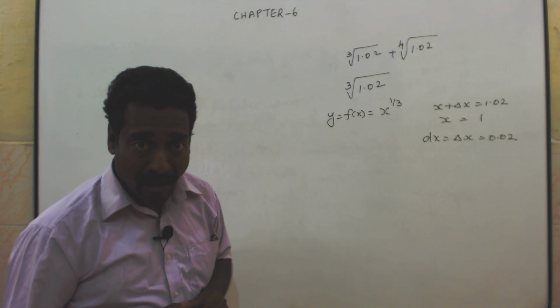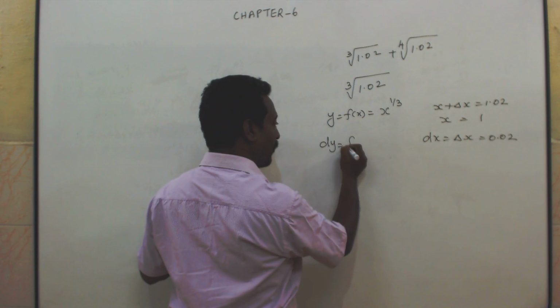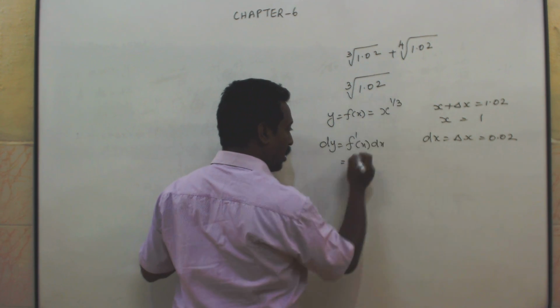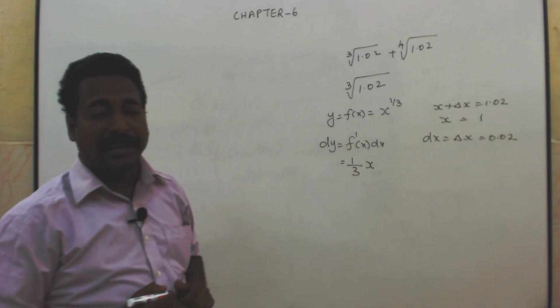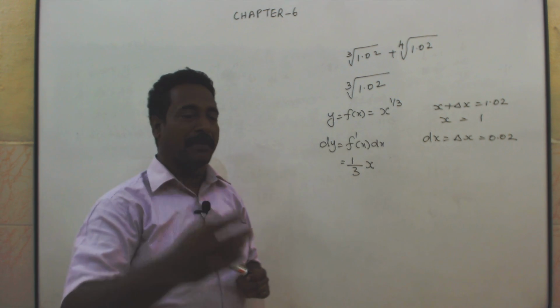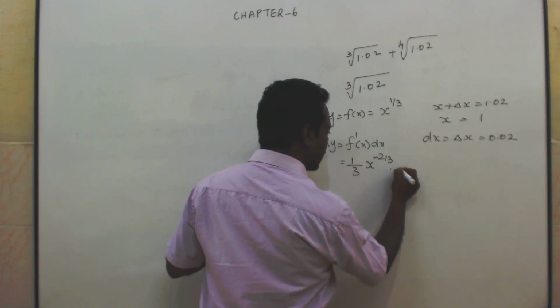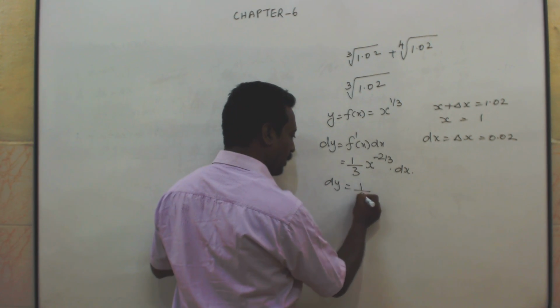What next? We have to calculate dy. What is the formula? f dash of x into dx. According to the power law, 1 by 3 x power 1 by 3 minus 1. 1 by 3 minus 1 is minus 2 by 3, dx. Now substitute: dy equals 1 by 3.